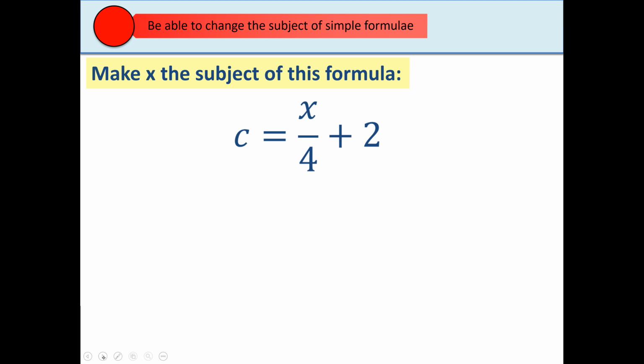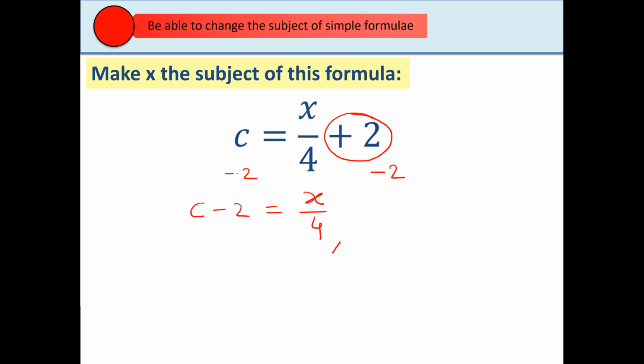Again, we are making x the subject. So like I said before, always get rid of the term or number, whichever is on its own. So over here, plus 2 is on its own. So we'll take away 2 from this side, take away 2 on this side. So c minus 2 is equal to x over 4. Now, because it's x over 4, we have to times it, because the opposite of dividing is multiplying.